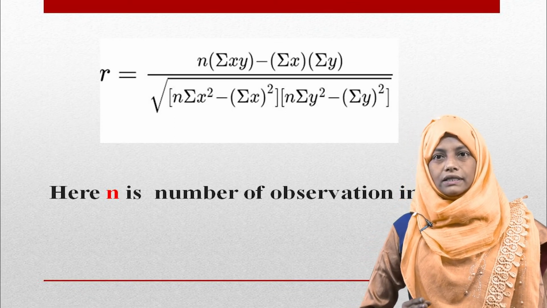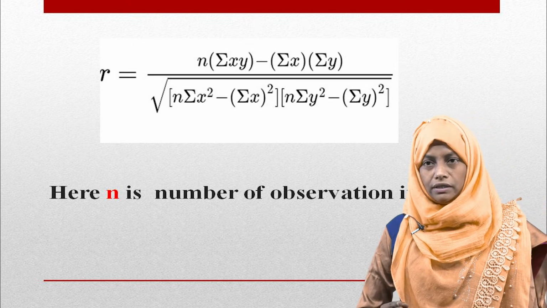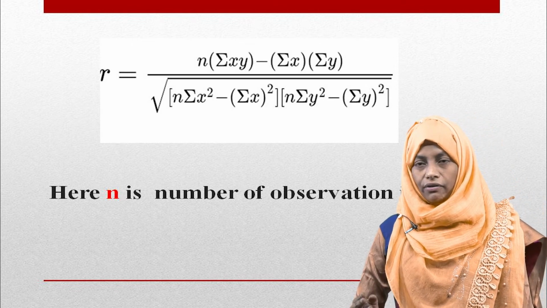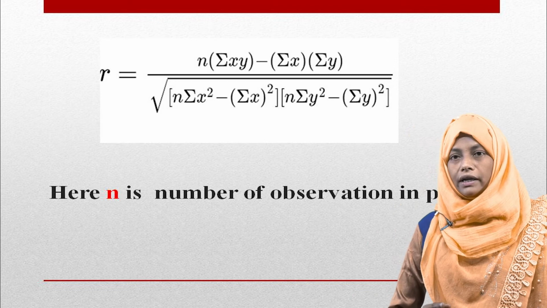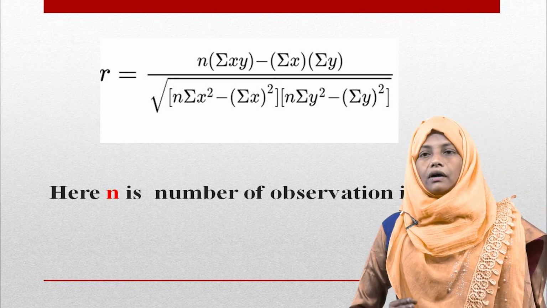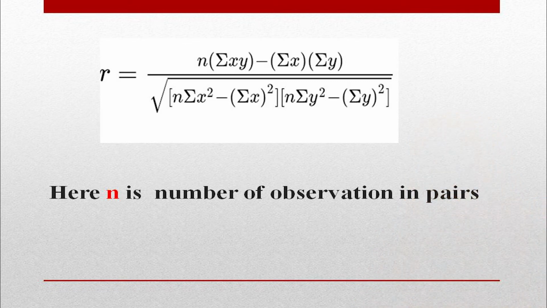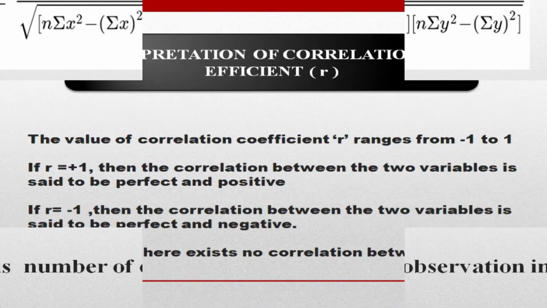The formula is r equal to n into summation xy minus summation x into summation y, divided by root of n into summation x square minus summation x the whole square, into n into summation y square minus summation y the whole square. Here, n is the number of observations in pairs.